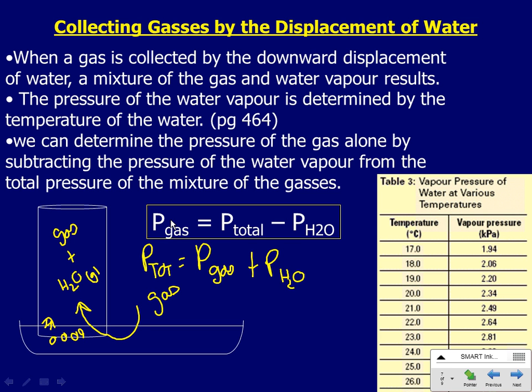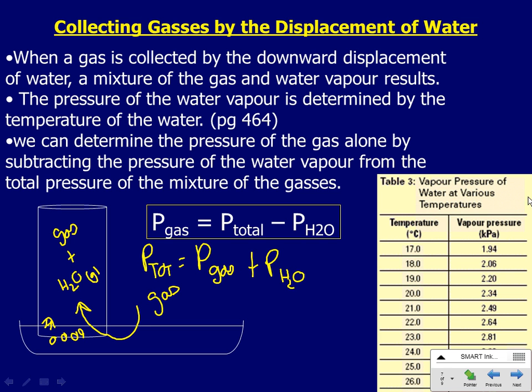But if I get it to the same levels, then the gas inside is at the exact same pressure. Once I've equalized it, I can read the volume and write down how much I've collected. I can write down the atmospheric pressure as the total, and then using the vapor pressure, I can subtract and get the value. We'll hopefully have time to do a little activity on that tomorrow.